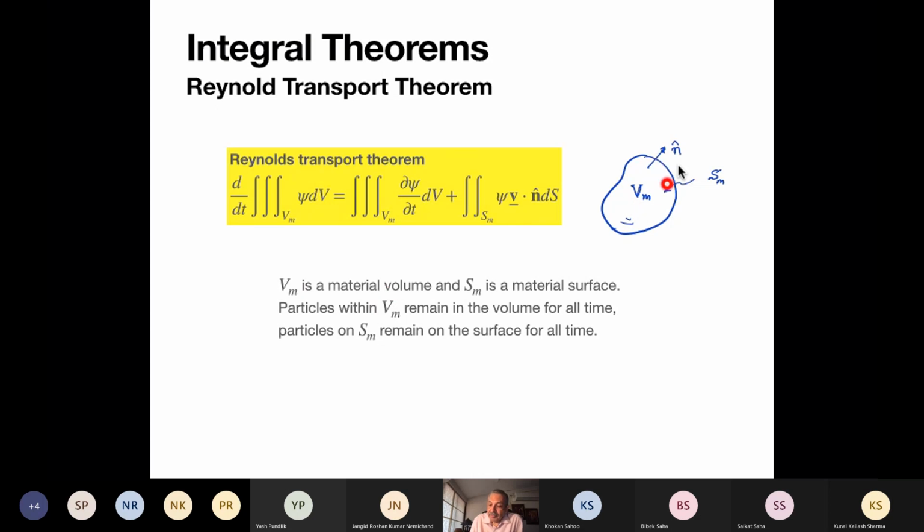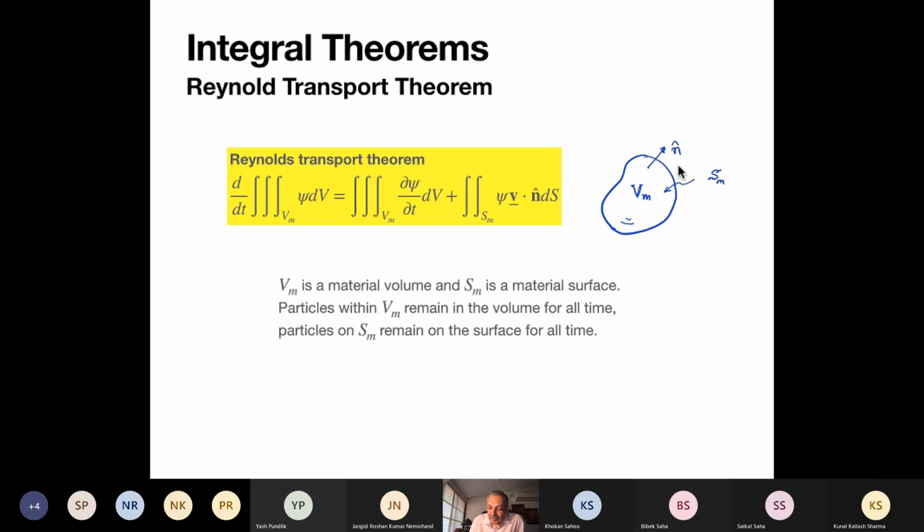So the particles within the material volume remain the same. And S_M is a material surface. That means whatever particles form the surface always remain on that surface. In other words, the surface moves with the continuum.